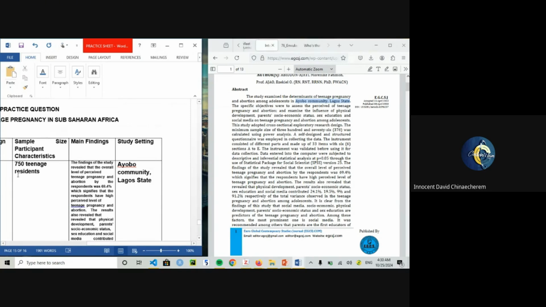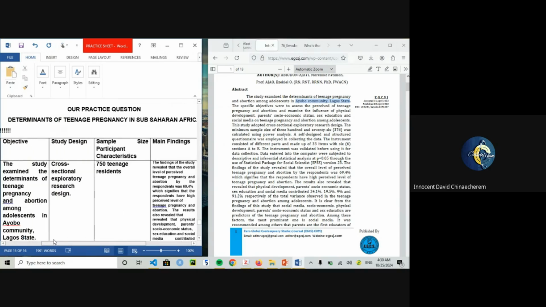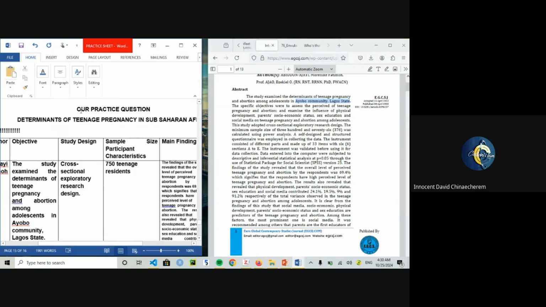Now remember that in terms of the methodology, if we want to put in other things, like quantitative, we can actually add a structured questionnaire.